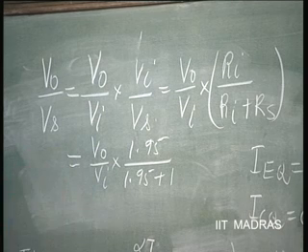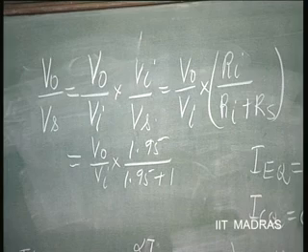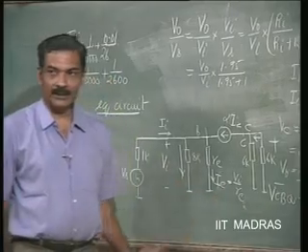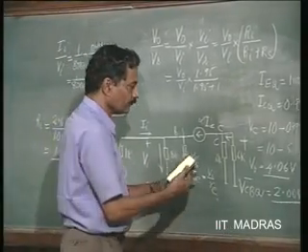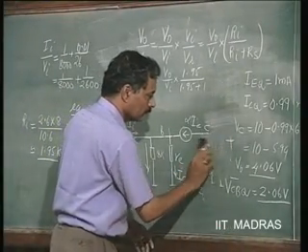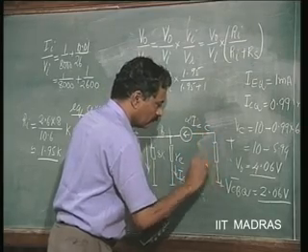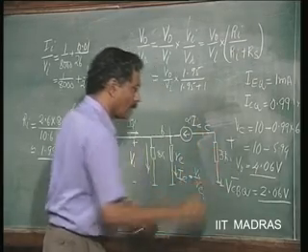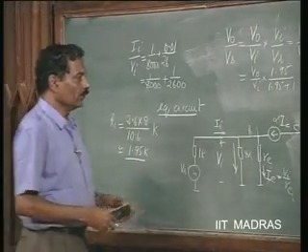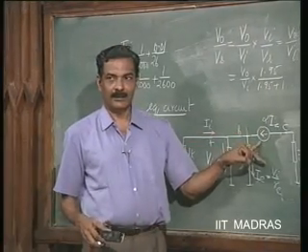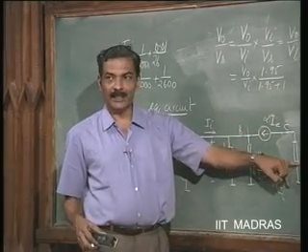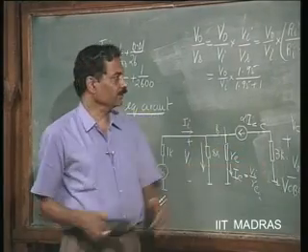Now, what is V naught by V I? This also we have already determined earlier, okay, but we will again illustrate. This 6 K parallel 6 K is 3 K. So, alpha I e into 3k is minus V naught.